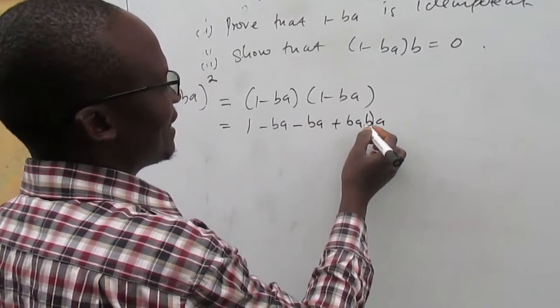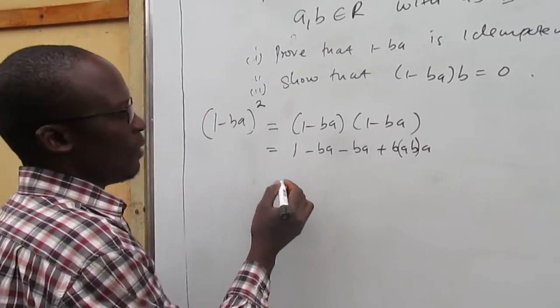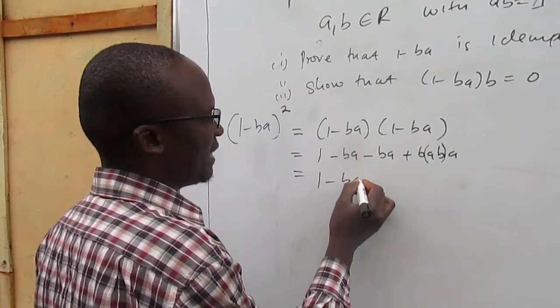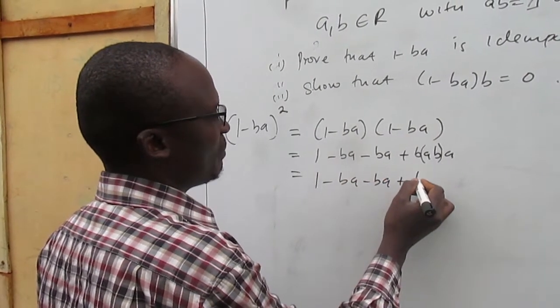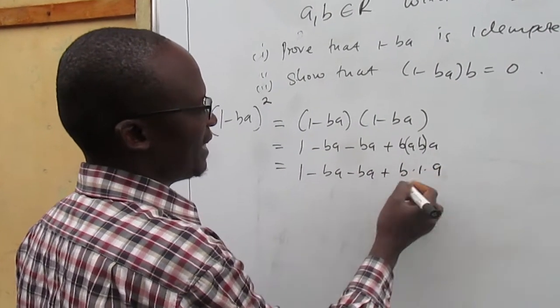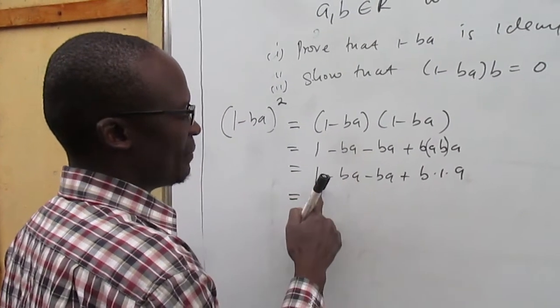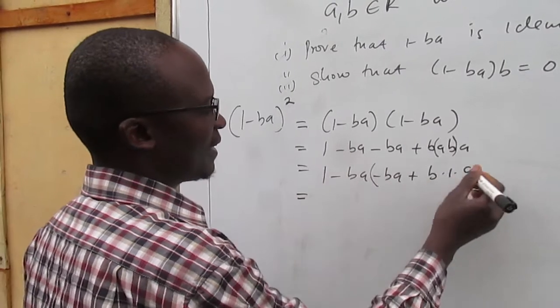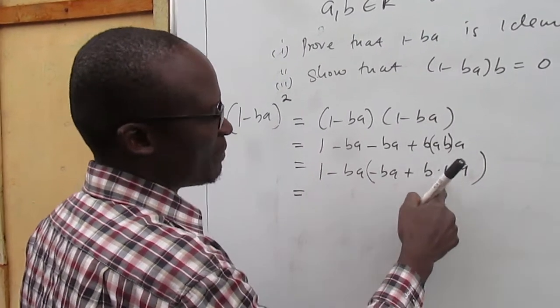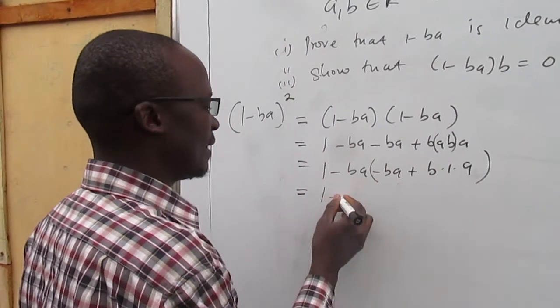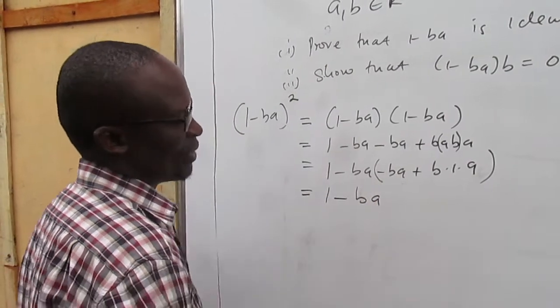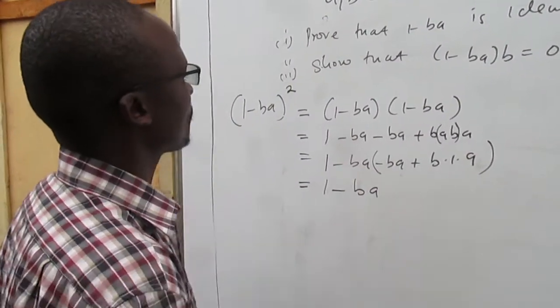Then we recognize that AB is equal to 1, so this is 1 minus BA minus BA plus B times 1 times A, and this is just BA, so that when you take minus BA plus BA, we get 0, so this is 1 minus BA plus 0, which is 1 minus BA.